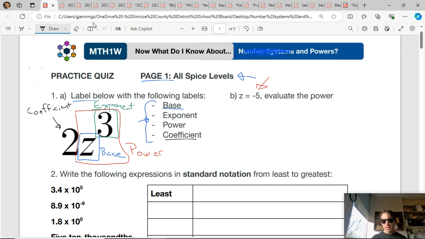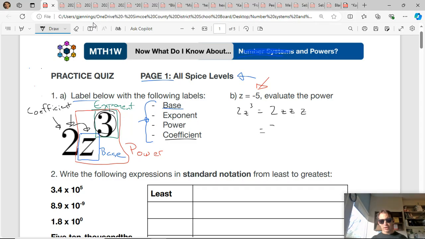So if you break this down Bedmas style, you'll notice that this 2 is multiplying the z, but the z is already being multiplied by itself 3 times. There's 3 copies of z that are multiplying. So when I write this out, 2z to the 3 is equal to, well, I could do expanded form, right? 2 times z times z times z. That would be expanded form.